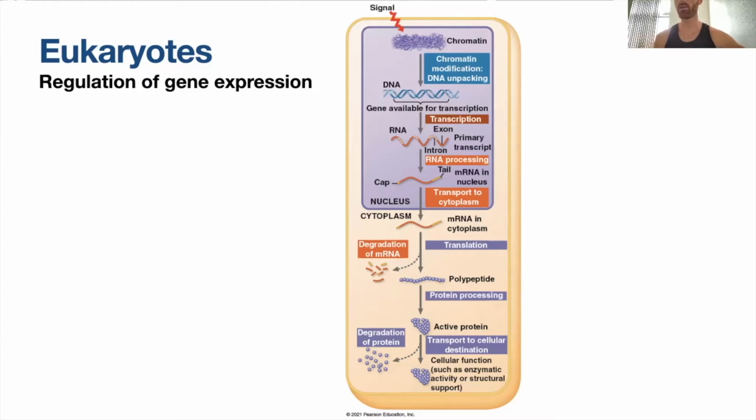Now that we're at the cytoplasm, translation can occur because this is where our ribosomes are. And we learned that mRNA being translated into protein or a polypeptide chain occurs here at the ribosome. That's what I want you to focus on right now.